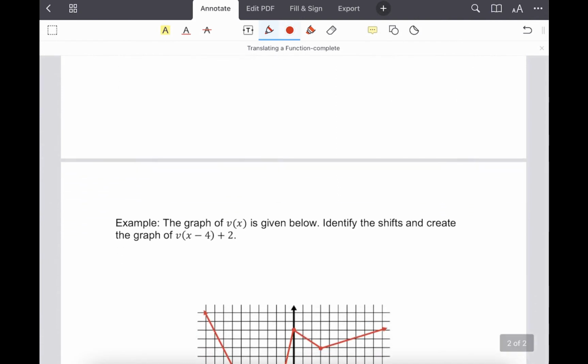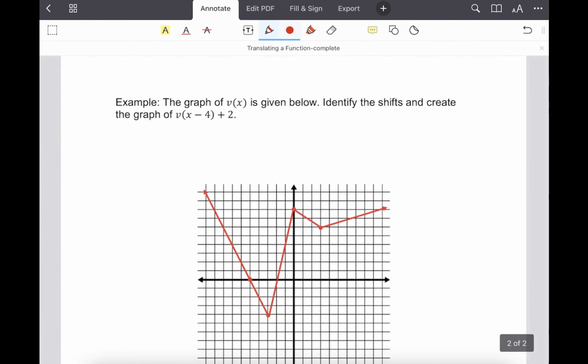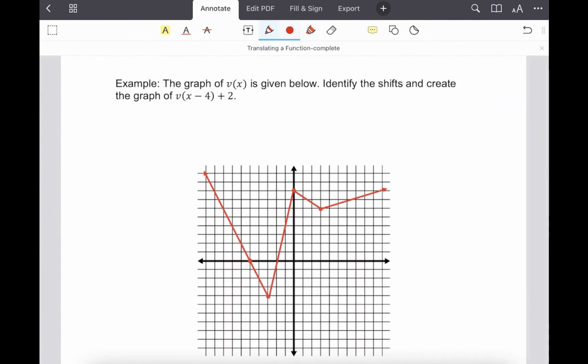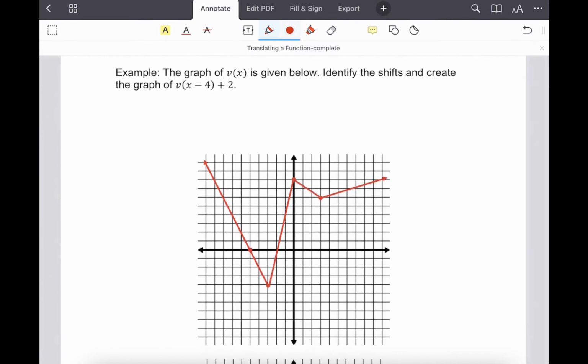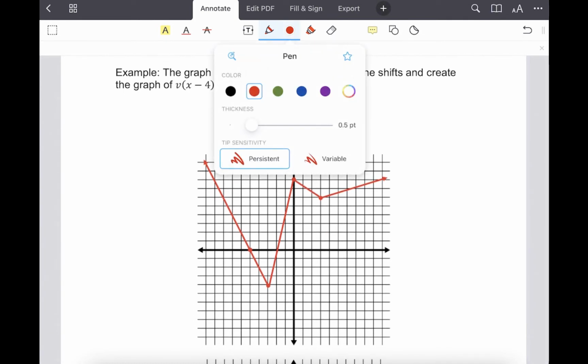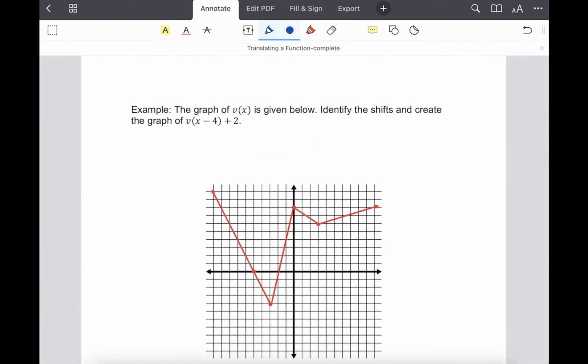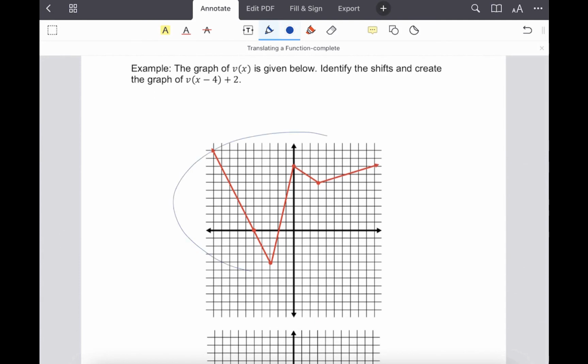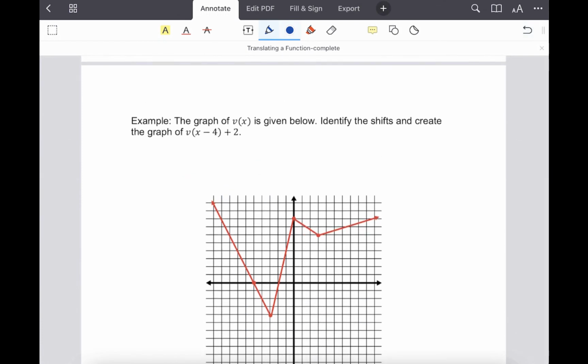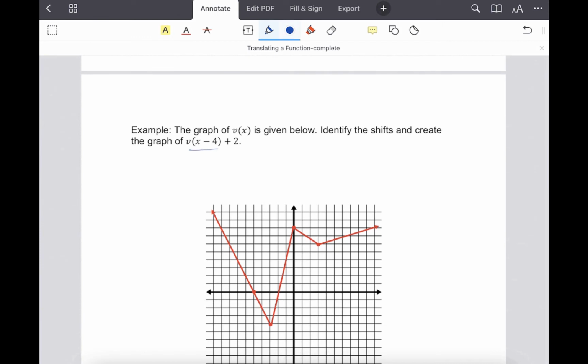You can do multiple shifts, and you have to identify each of them and make sure you do both of them. So we're looking at v of x, which is, I guess you could call it a piecewise defined function. It is still continuous, but we're going to draw the graph of v of x minus 4 plus 2. There's two different translations here.